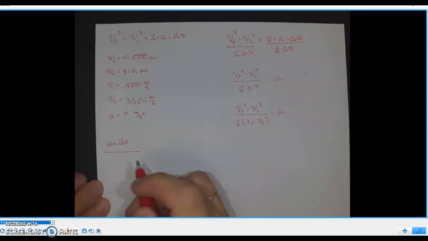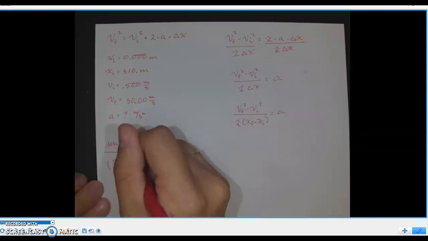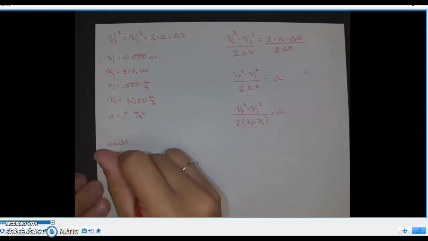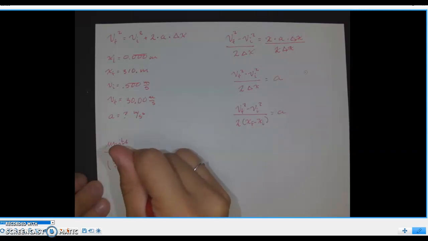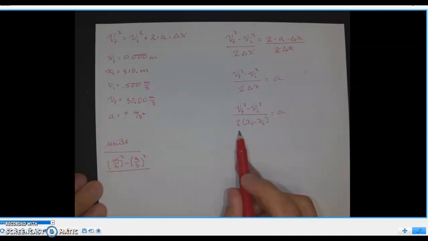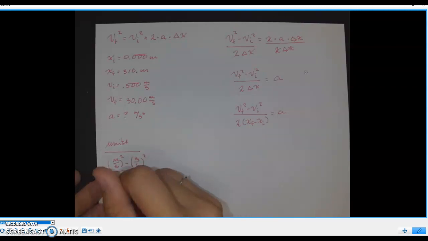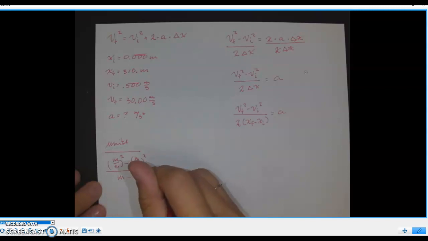We're going to take velocity final, which is meters per second, but it's squared, right? Minus velocity initial, which is meters per second squared, divided by 2 is unitless, so we're not worried about it when we're doing a unit analysis. So x final, which is meters, minus x initial, which is meters.